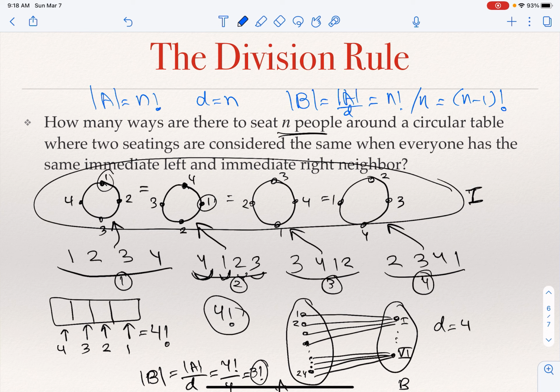Then I got the number of circular seatings in terms of these two quantities: the cardinality of A, which is the number of linear seatings, and the value of D, which is how many of these linear seatings map to exactly the same circular seating. And this is a nice application of the division rule.